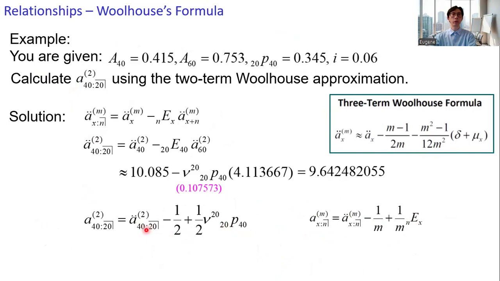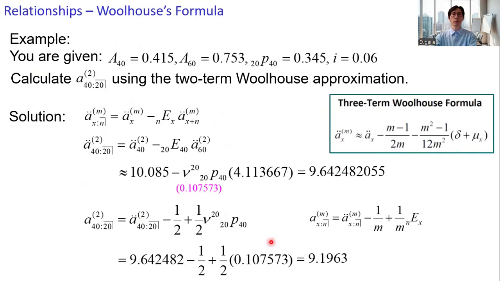The first term we already calculated, 9.6424. And then the very last term, we get nu^20 times 20p40. Upon calculation, we get the final answer for this, 9.1963.